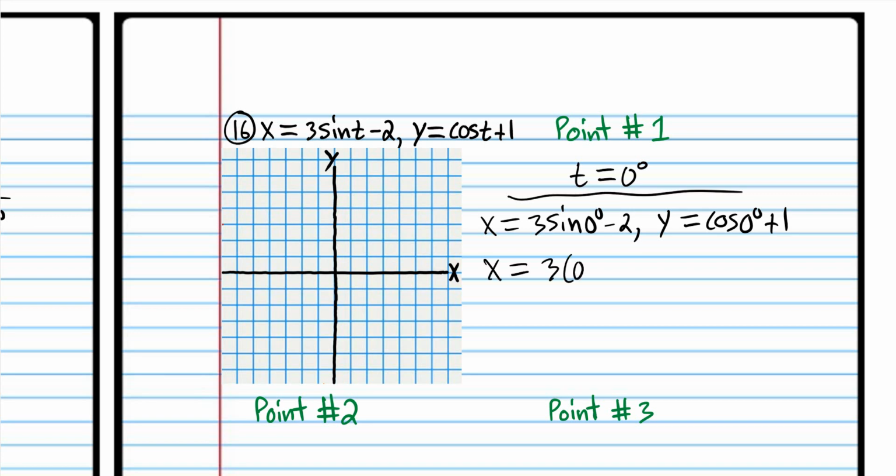So we have 3 times 0 minus 2, and 1 plus 1. So the coordinates are going to be -2, 2.